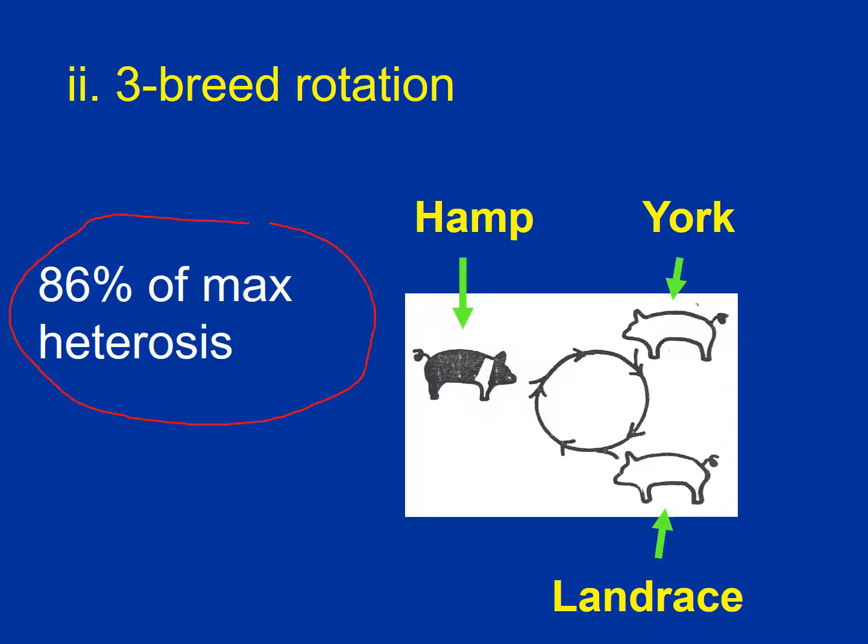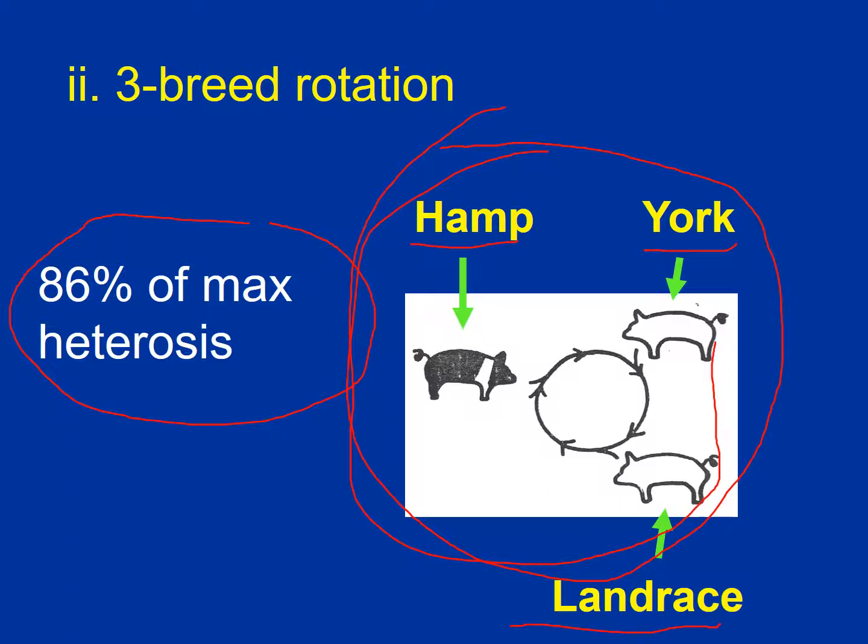If you go back 40, 50 years ago in the swine industry, this was the most common crossing system that was used. People get a Hampshire boar, then a Landrace boar, then a Yorkshire boar, and just keep rotating around.